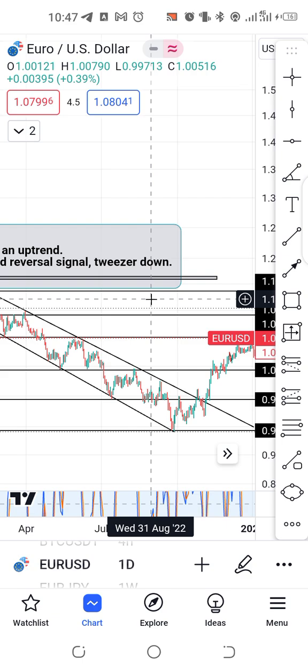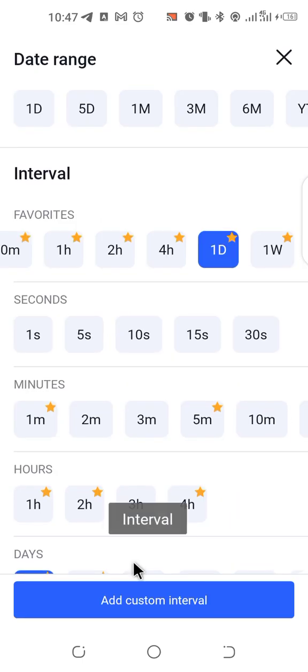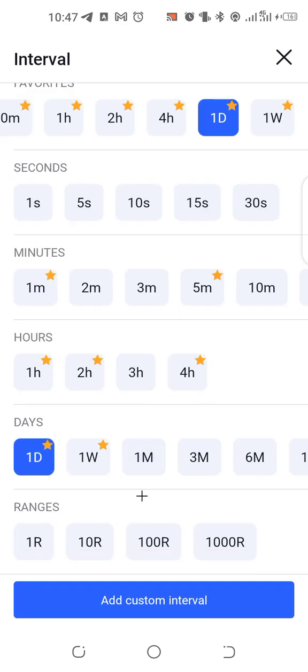Now there are a few things I want to share with you. As a price action trader like me, your primary time frames should be the 1 hour, the 4 hours, and the daily.